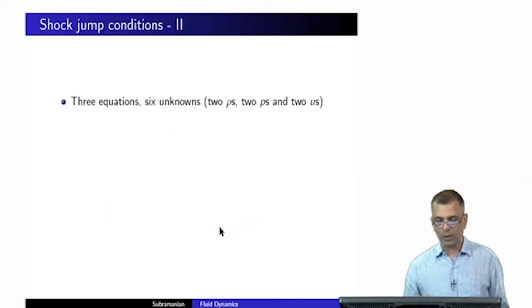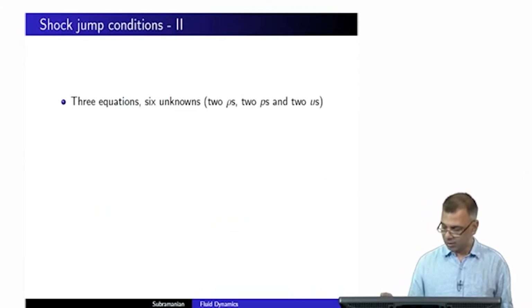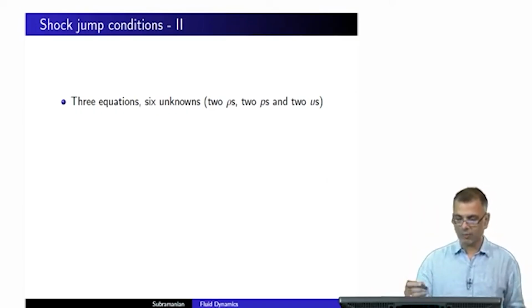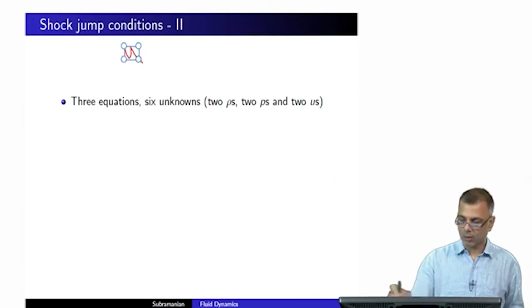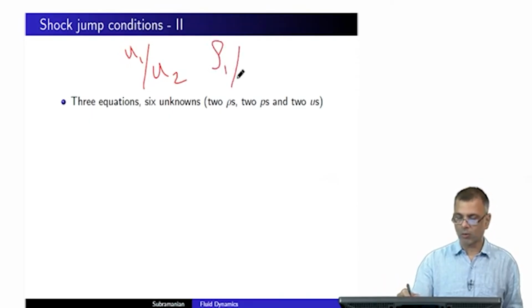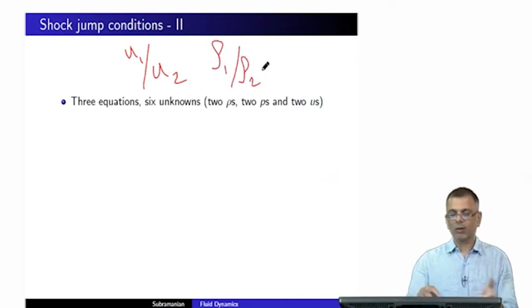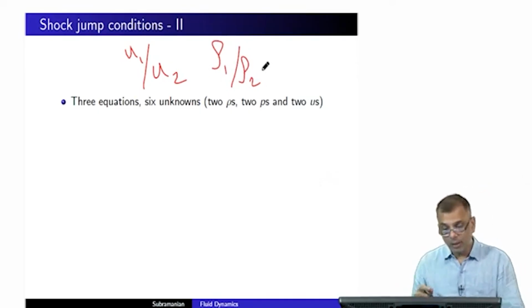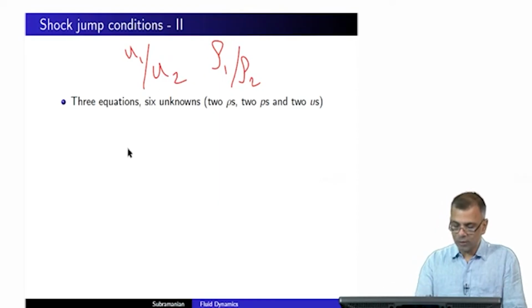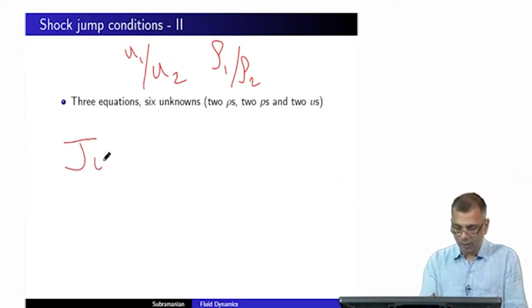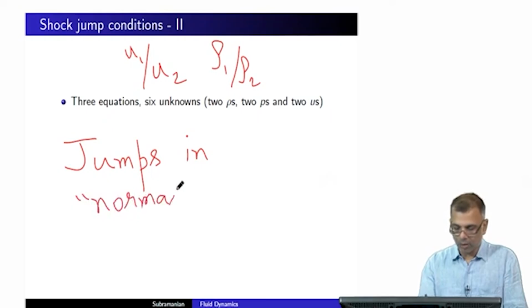So we are now ready to start talking about things like U1 over U2 or rho 1 over rho 2, and these are the jumps, or rho 2 over rho 1 as the case might be. But remember, these refer to jumps in normal quantities, normal to the shock surface, not tangential.